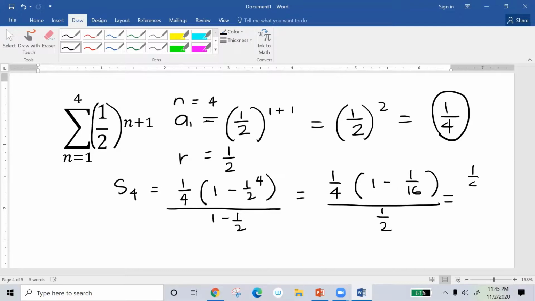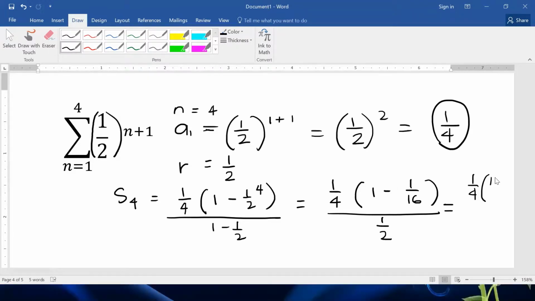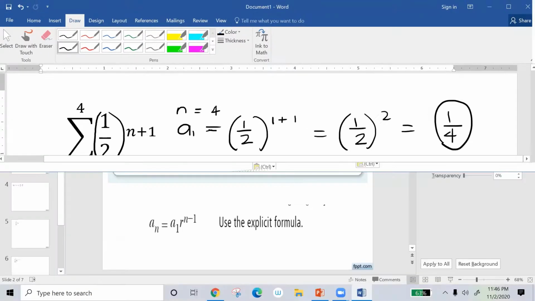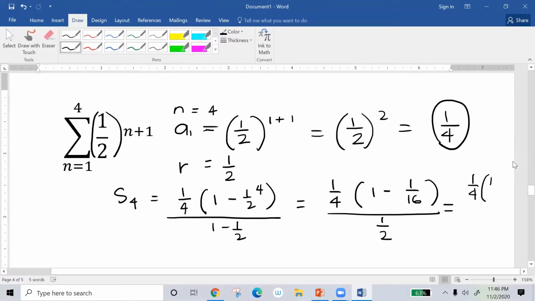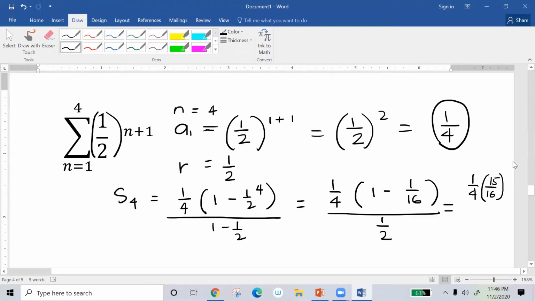So 1 over 4 times 15 over 16, all over 1 over 2.